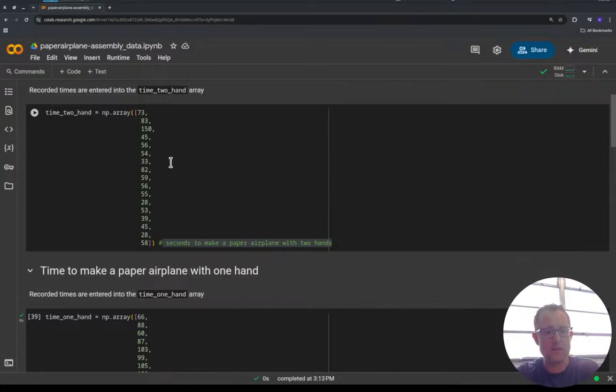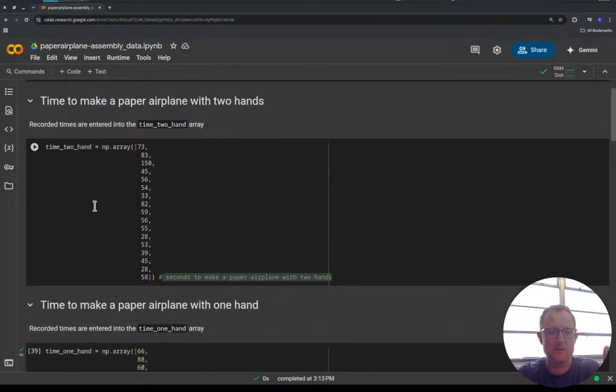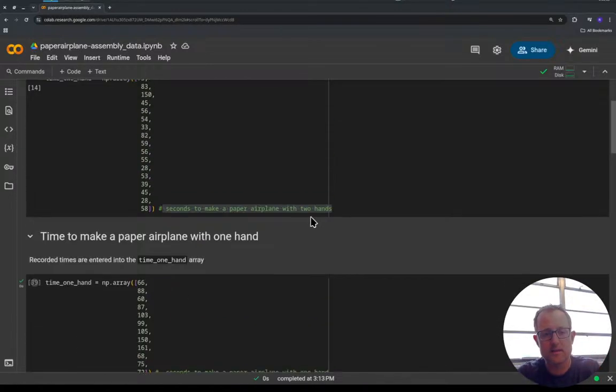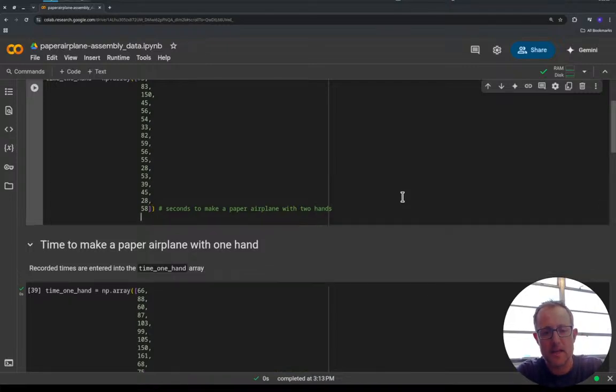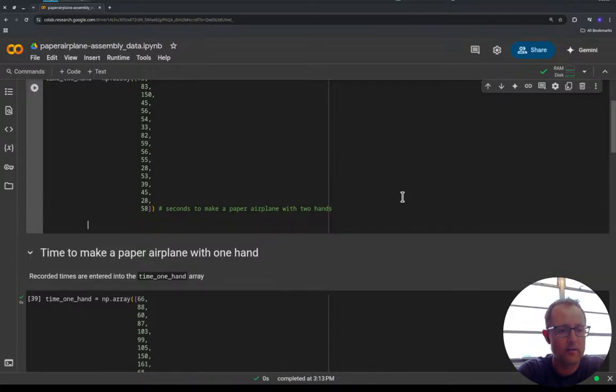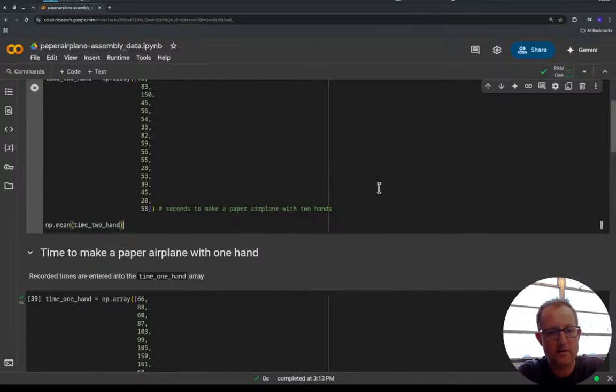So what we have here is a cumulative plot comparing how long it took us to do it with two hands versus one hand. Some of the things that are important we can look at: np.mean of time two-hand.